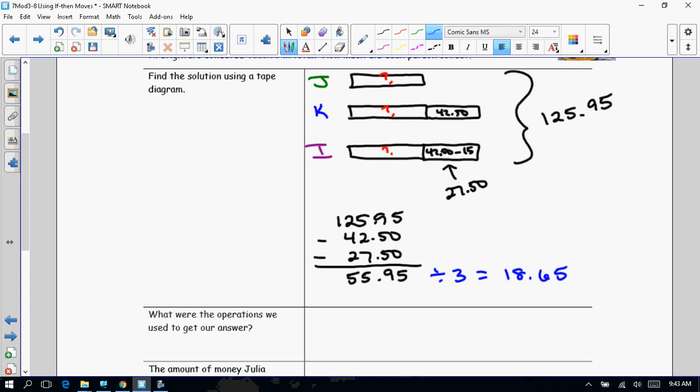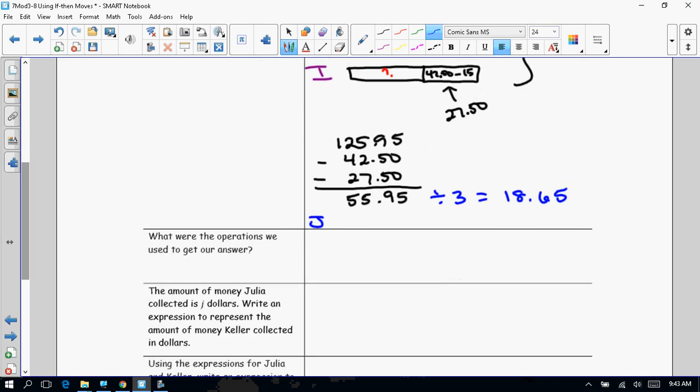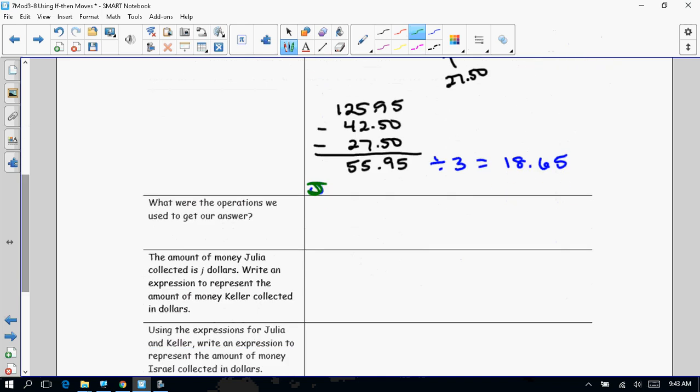All right, so in other words, Julia, oh, what color did I have Julia? I had Julia as green. I'm going to keep it green. Julia made, or raised, $18.65. Then I'm just going to plug in $18.65 and the $42.50, and I get Keller.